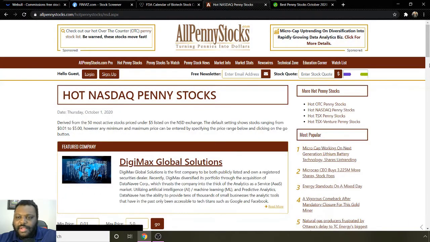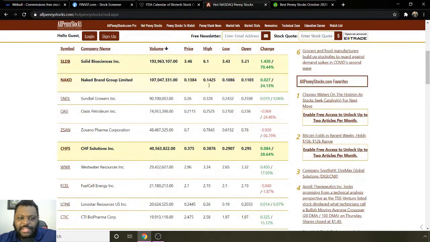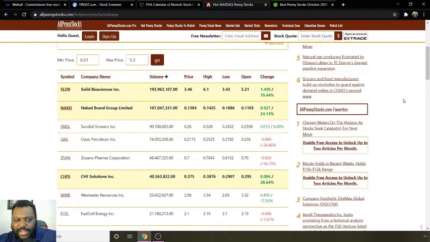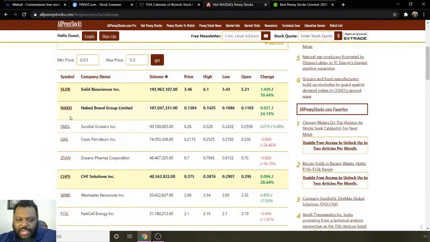Also, another one I'm going to tell you about is allpennystocks.com/hot penny stocks. This is where you can get a lot of good penny stocks from. SLDB has definitely been in the news this week about their continuation. The FDA basically approved their continuation of their phase 1 trial.